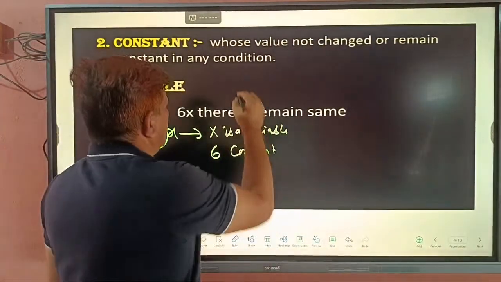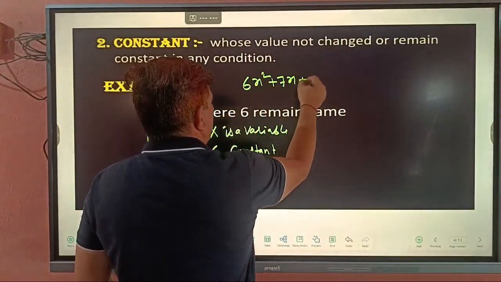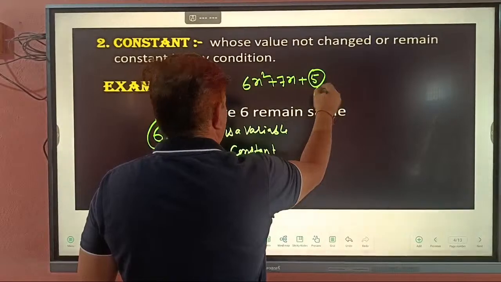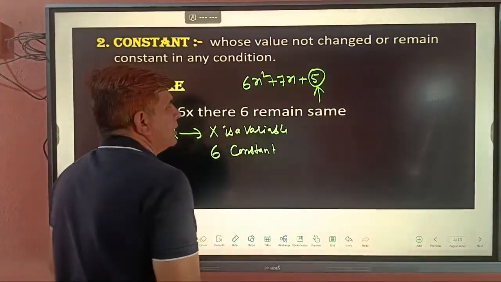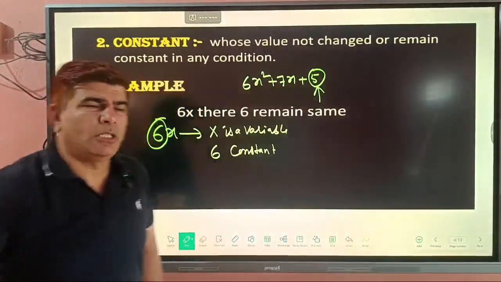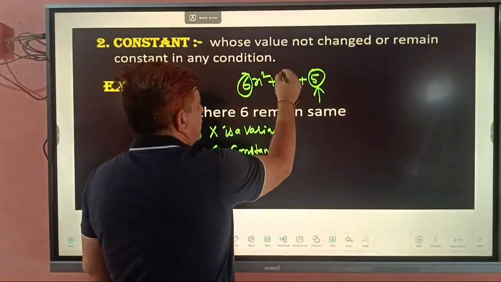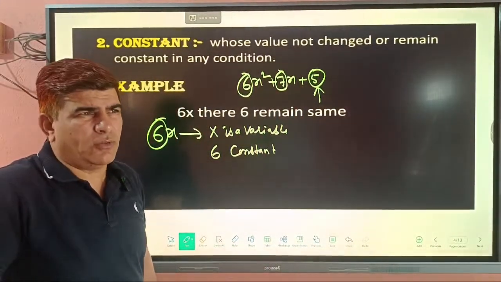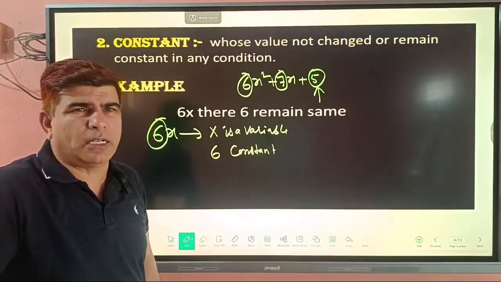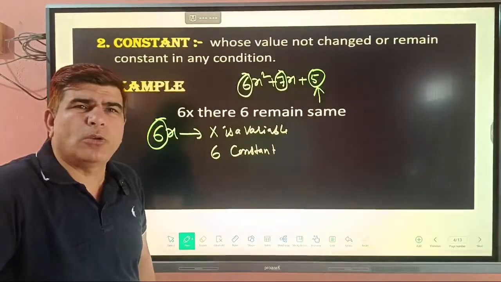You can write 6x square plus 7x plus 5. So 5 is a constant here. Its value does not change. This is also a constant, this also a constant. So you have to understand the basics of this chapter first, then we will start. If you understand the basics once, then there is no problem later on.